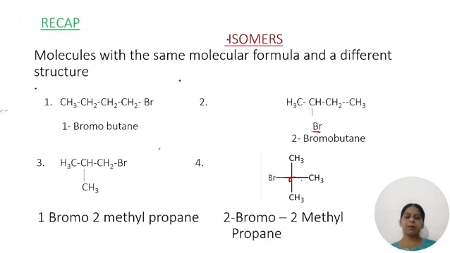So what is the name of this compound? 2-bromo-2-methylpropane, because there is a propane chain of three carbons, and these two substituents are attached to the second carbon. That's why the name of this compound is 2-bromo-2-methylpropane. If the molecular formula is the same in all the structures, what is that molecular formula? That is C4H9Br, and it shows four possible different structures. So these are called isomers, and this phenomenon is called isomerism.